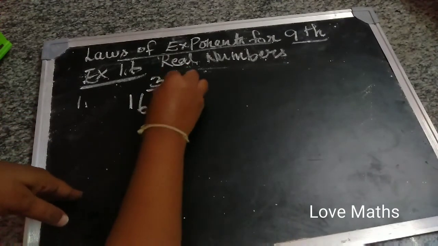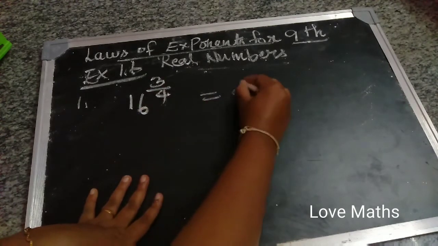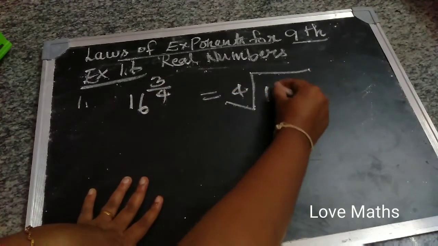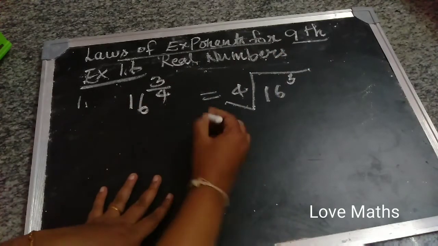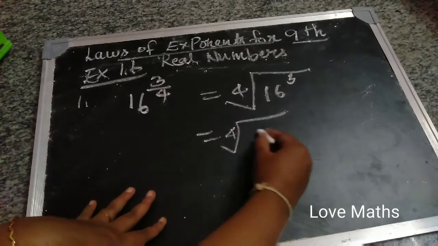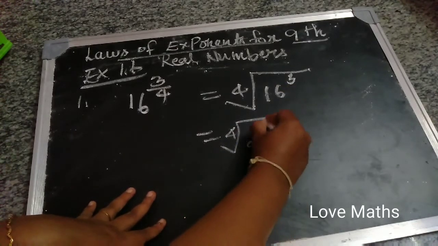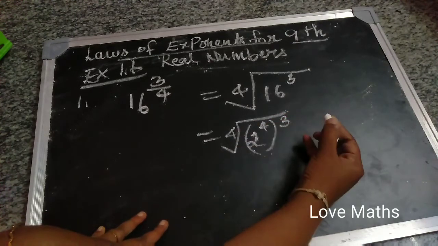16 to the power 3 by 4. How to write this? The fourth root of 16 cube. Now the fourth root of 16, how to write? 2 power 4, whole cube.